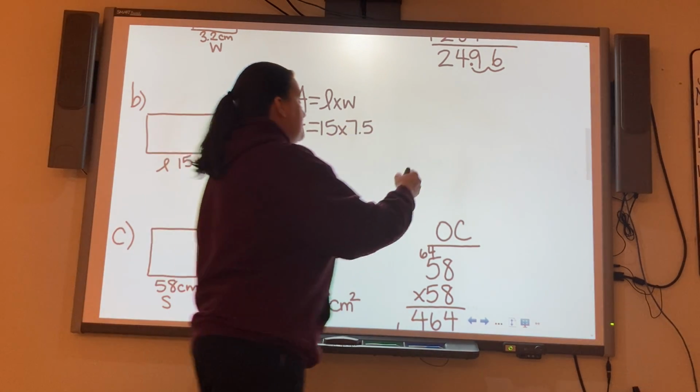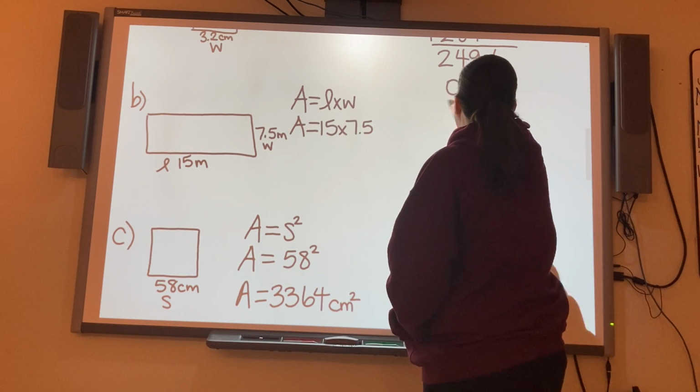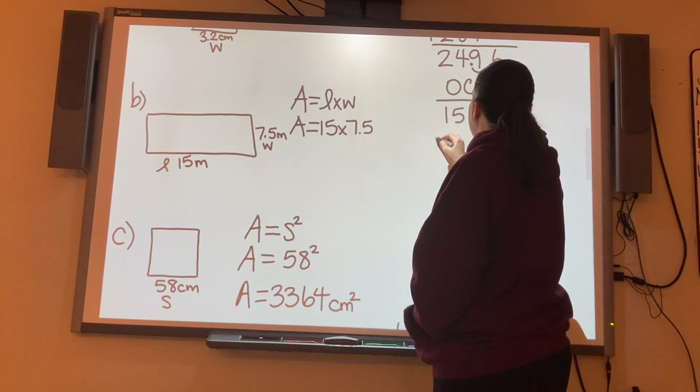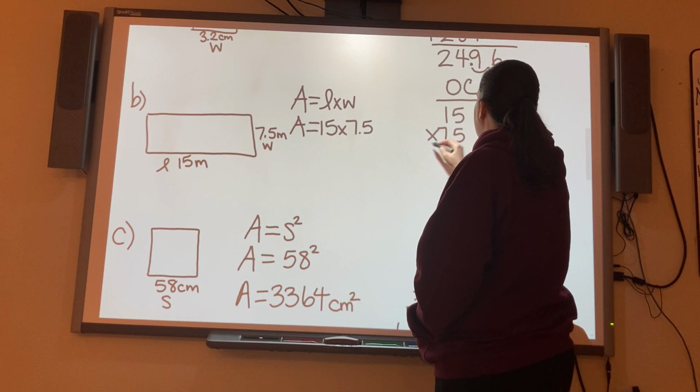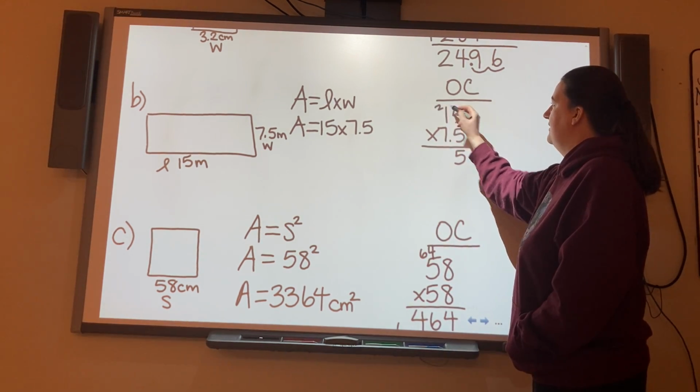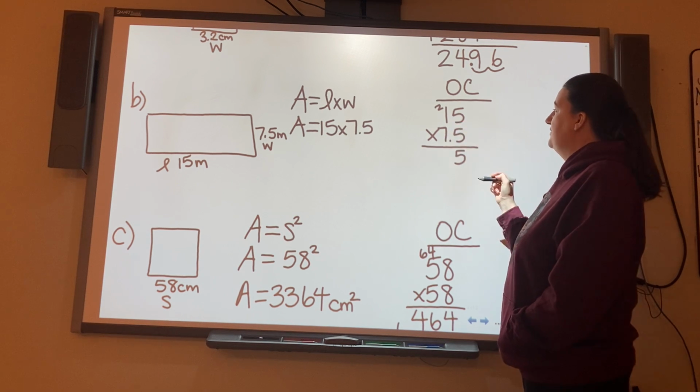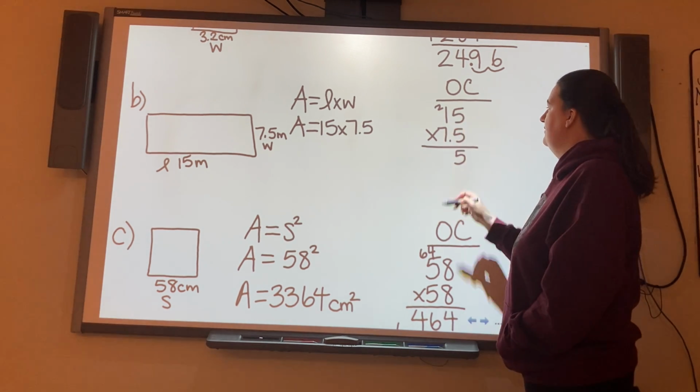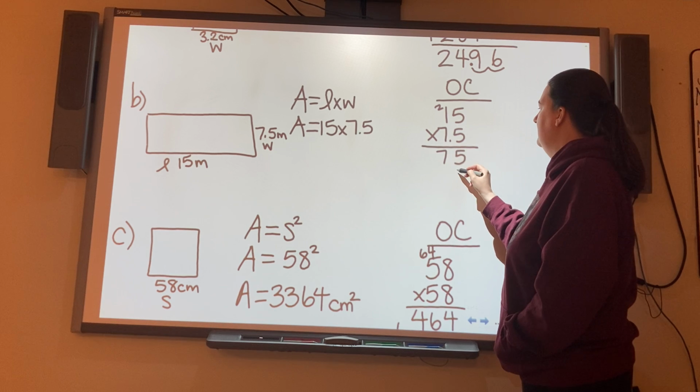So I go over to my outside calculations, and 15 times 7.5. 5 times 5 is 25, carry your 2. 5 times 1 is 5, plus the 2 that you carried is 7.